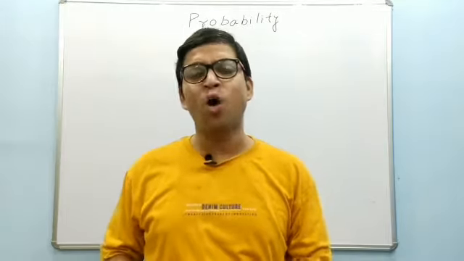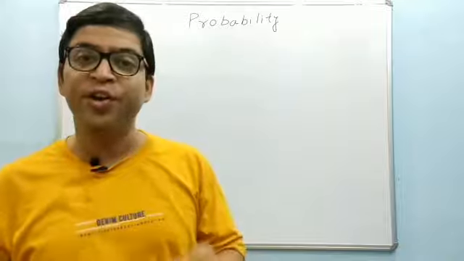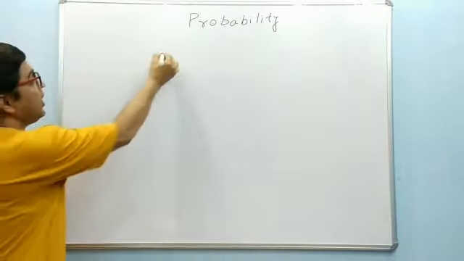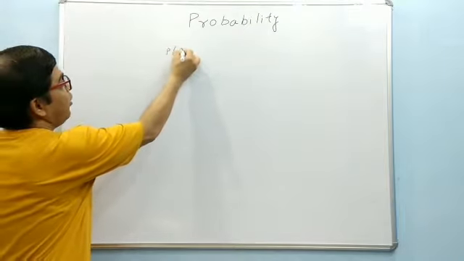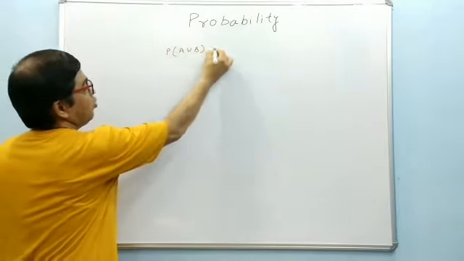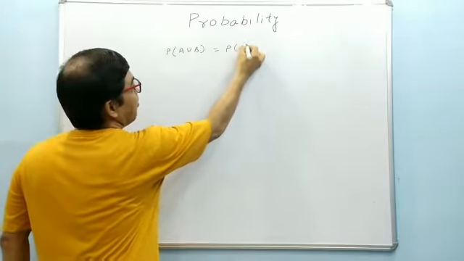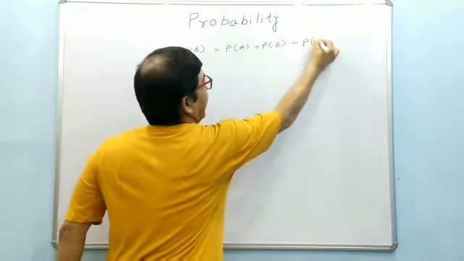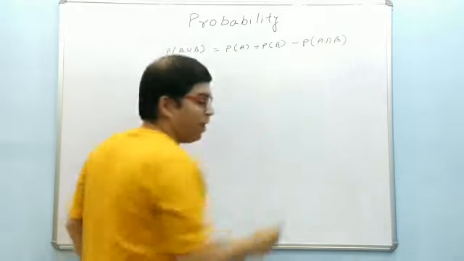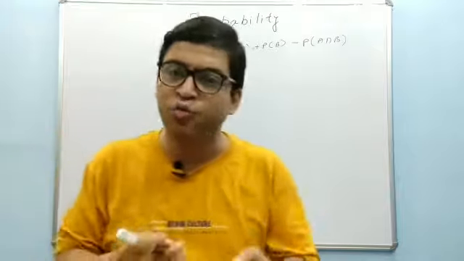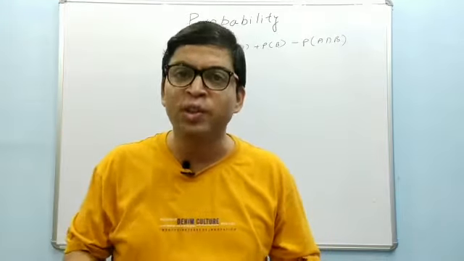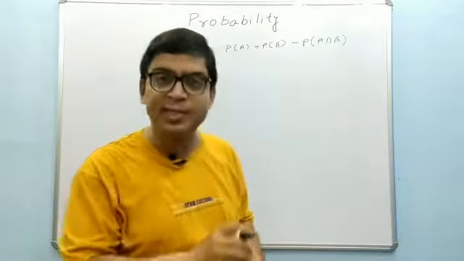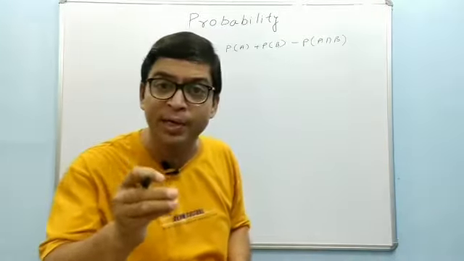We will see now what is the addition rule of probability. The basic formula we will be using is P(A union B) is equal to P(A) plus P(B) minus P(A intersection B). If A and B are mutually exclusive events, we know that nothing is in common, so P(A intersection B) is 0.